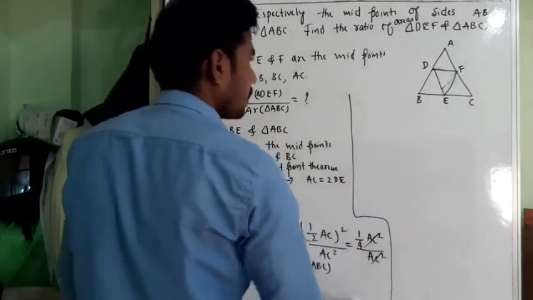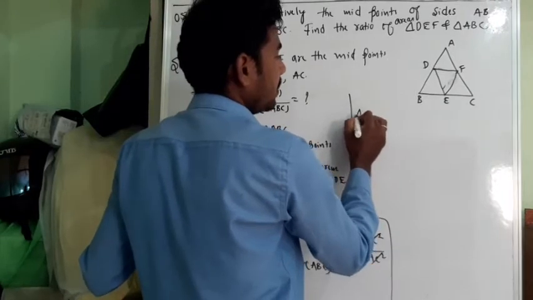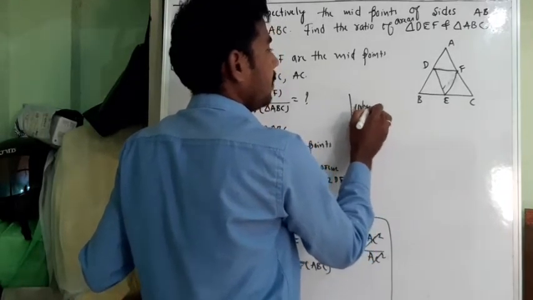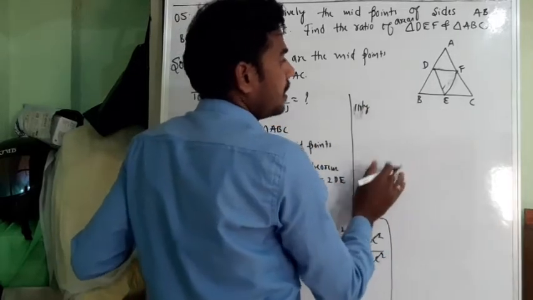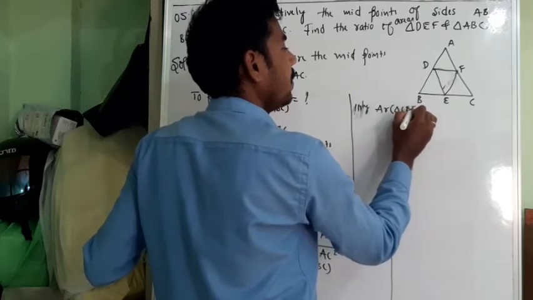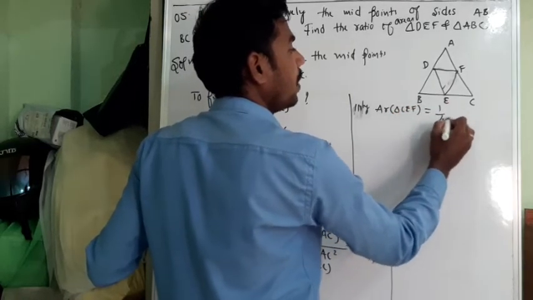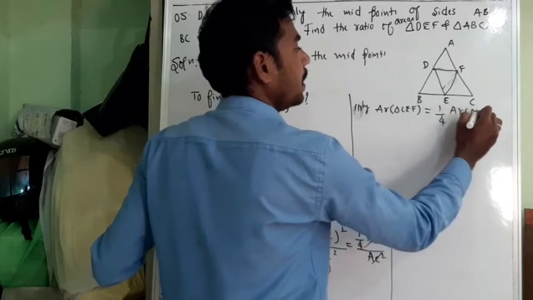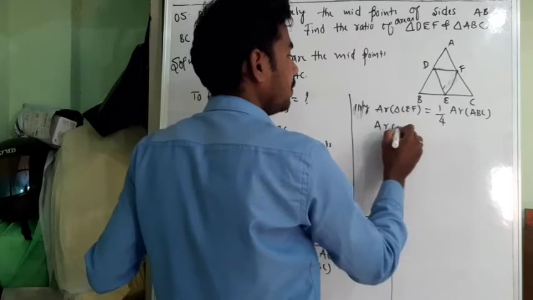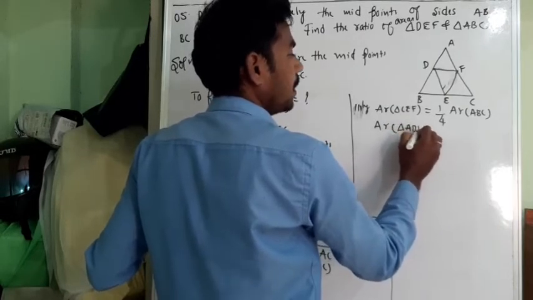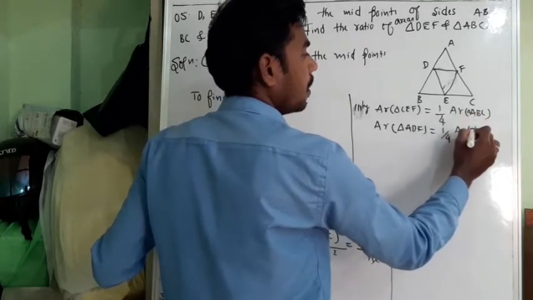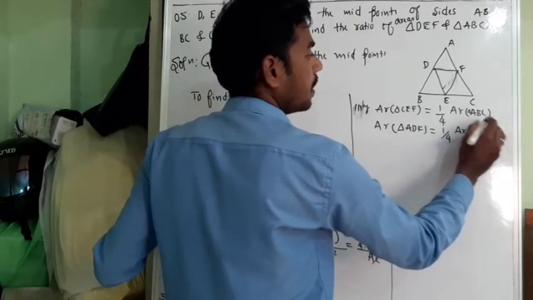Similarly, area of triangle CEF is equal to 1/4 of area of triangle ABC, and area of triangle ADF is equal to 1/4 of area of triangle ABC.